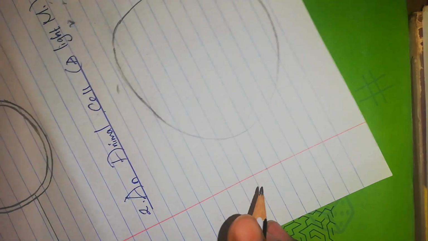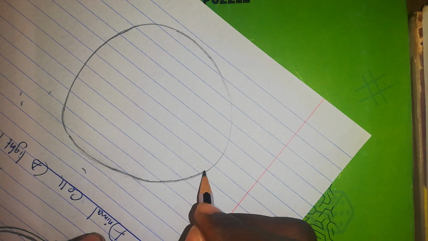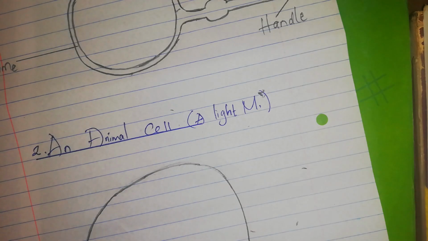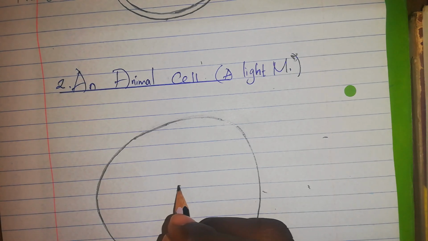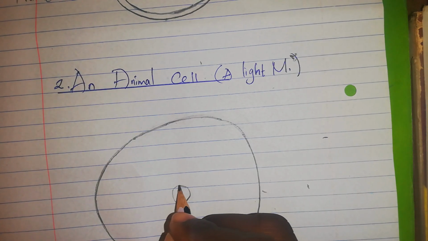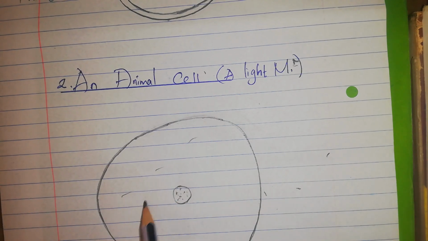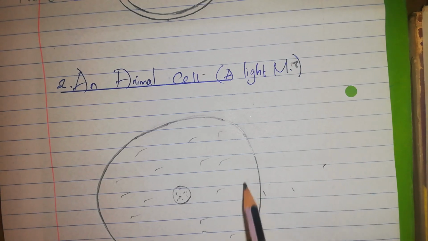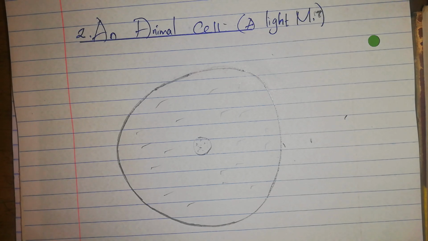We shall see 3 organelles only, 3 organelles or structures, intracellular structures within this cell. The first one is what we have done. The second one is the centermost one. And the third one is just at the middle. So we have used more than half of the space that we were provided with.